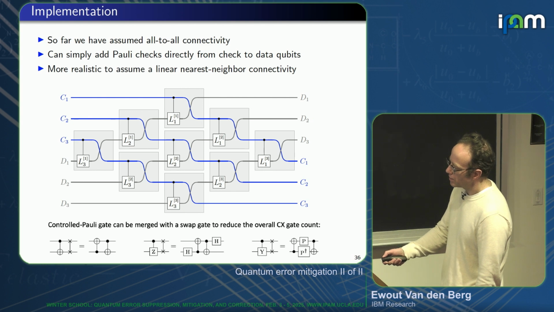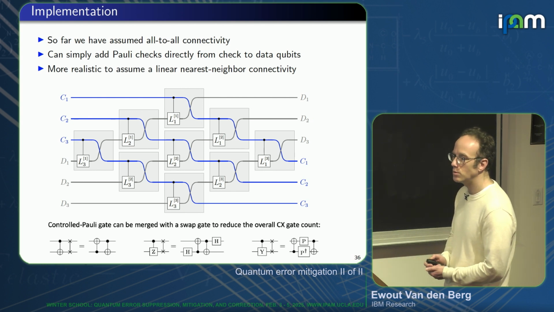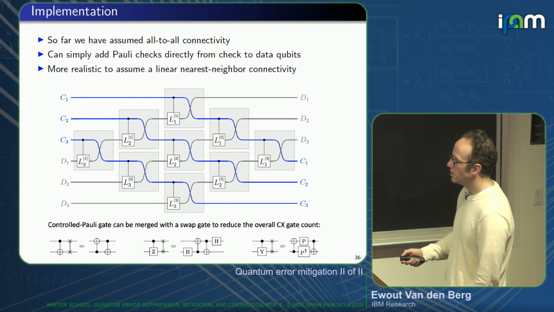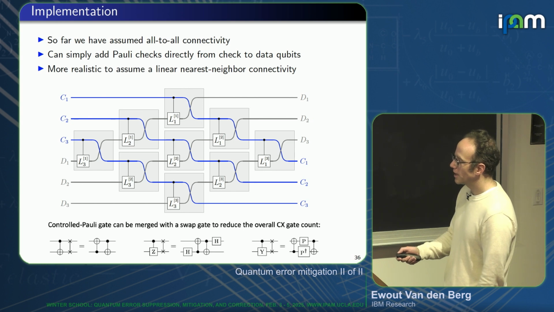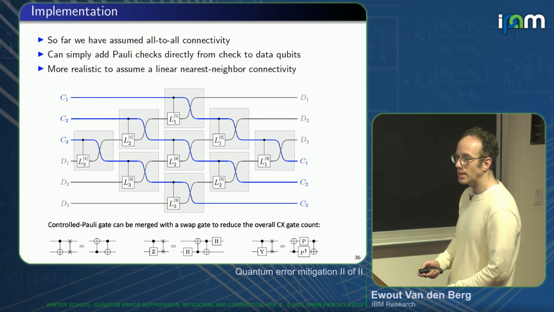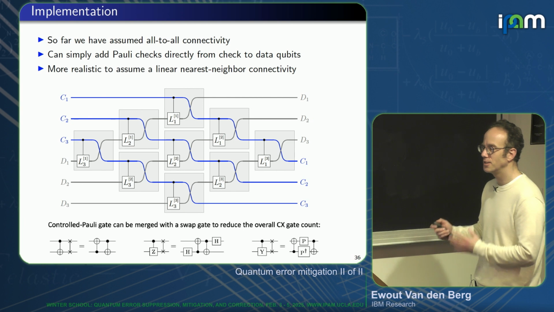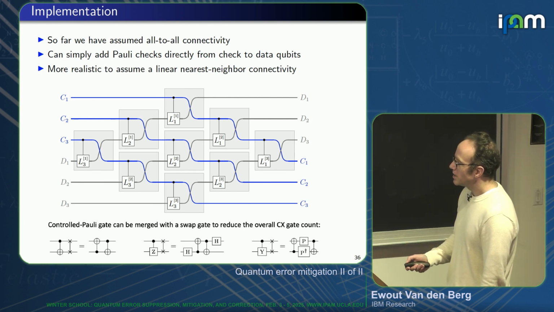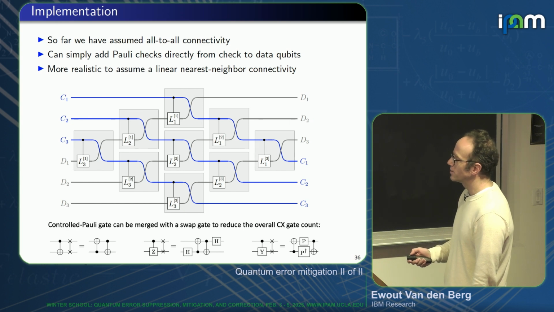The same if you have a controlled Pauli Z plus a swap, you can implement it with two qubit gates, and likewise for Y. The only controlled check you cannot do with 2 is the controlled identity, which now takes a swap, which is actually 3 gates, so that's more expensive. But otherwise, you do reduce the number of gates.